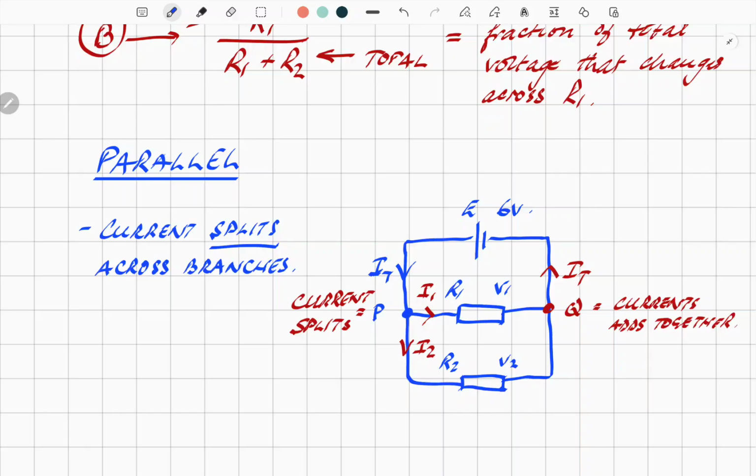Then, current always chooses the path of least resistance.